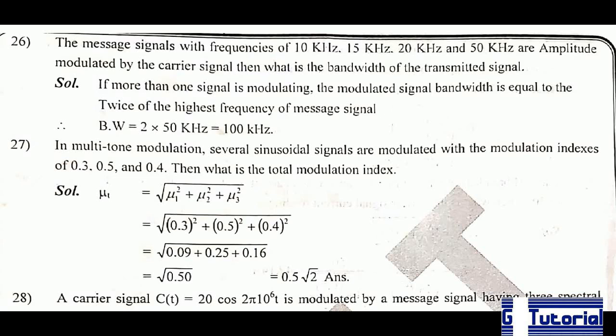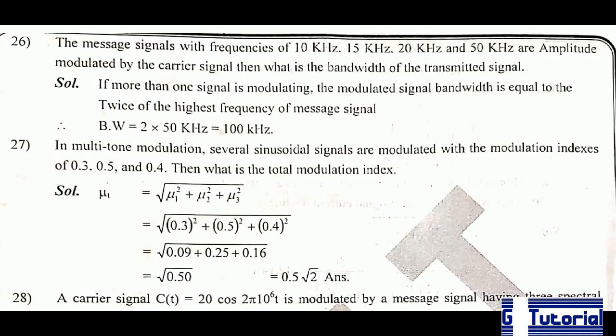We know that this is a case of multitone modulation, and in multitone modulation the bandwidth is equal to 2 times the highest frequency component in the message signal. So 2 into highest frequency is 50 kHz. So 2 into 50, which is 100 kHz. This is the bandwidth of the transmitted signal.